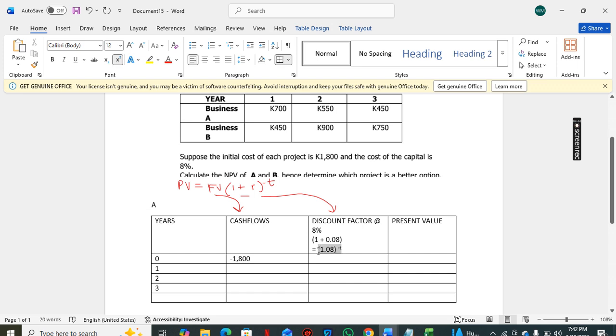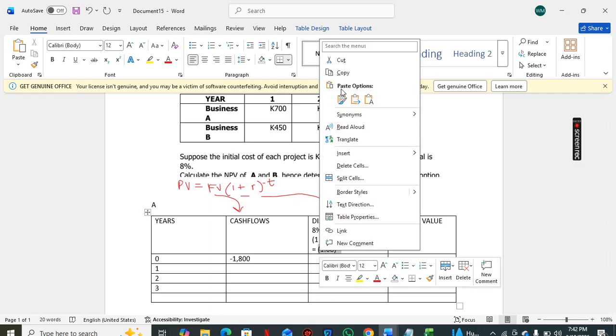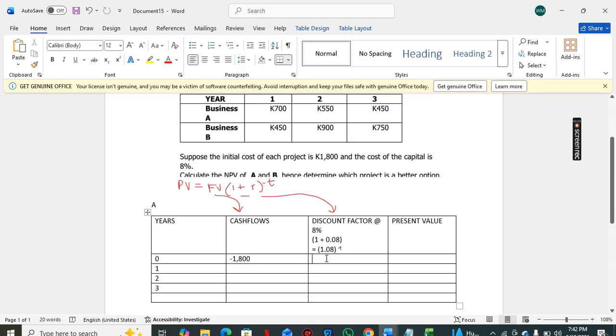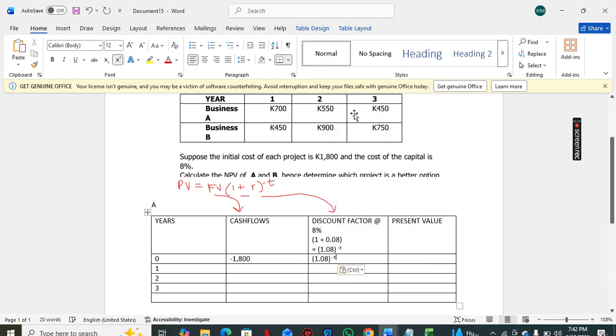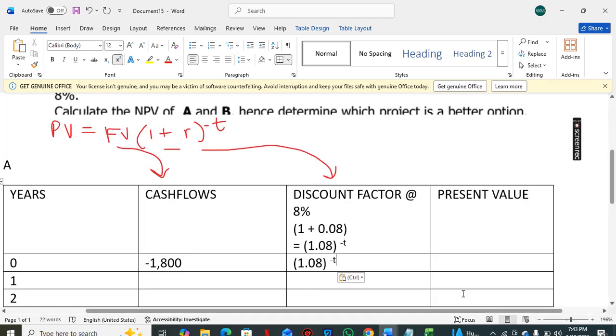Then the discount factor is just going to say 1.08 to the power negative 0. This negative t, you'll be following the years here. And if you remember from our first classes for indices, anything to the power 0 equals 1.